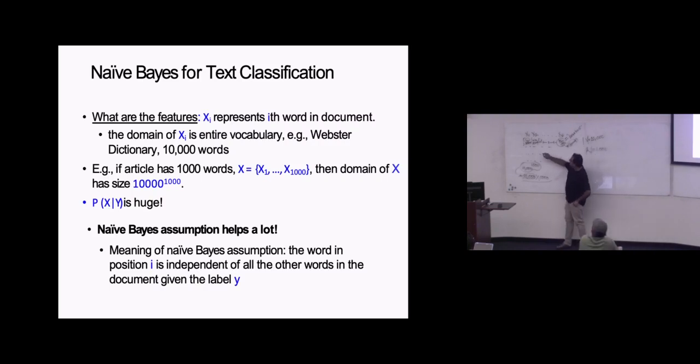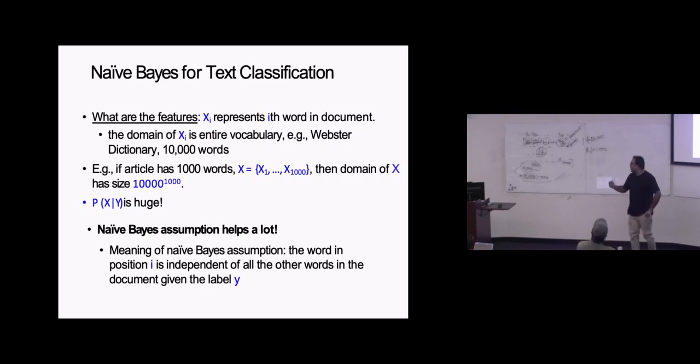If a particular position K does not depend on the other positions, so do I need to estimate a probability distribution for this position and this position separately or not? I mean, does that really happen?